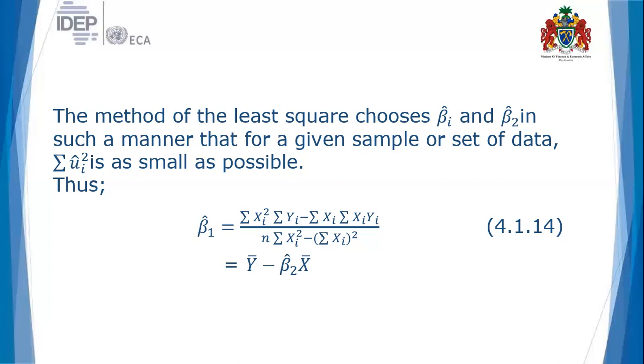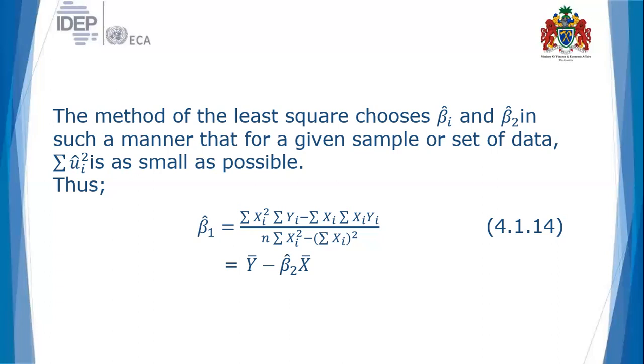In other words, the method of least squares helps us to estimate beta hat 1 and beta hat 2 in such a manner that the errors are as small as possible.